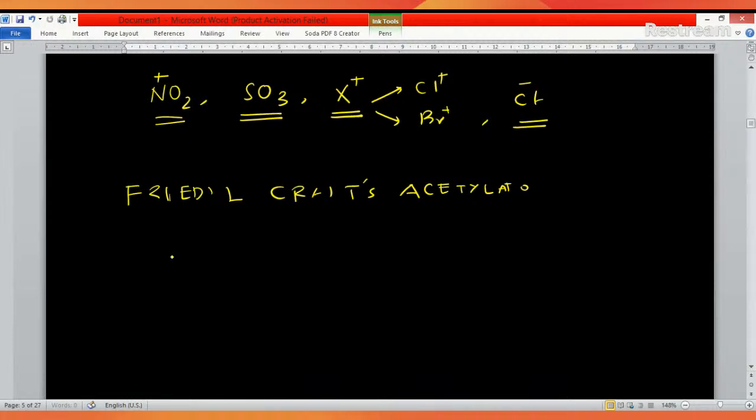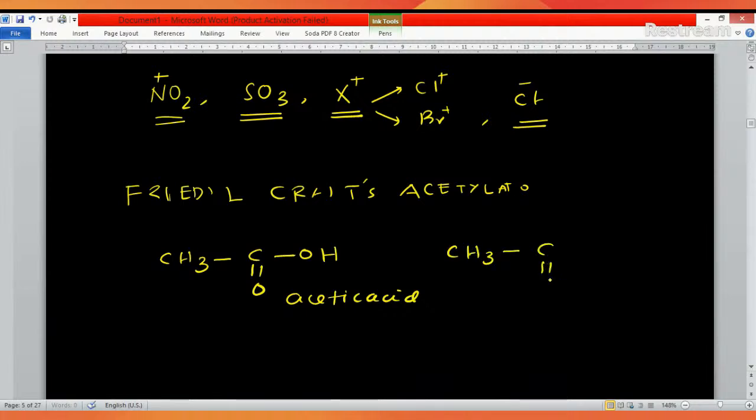It is the reaction. You just take CH3, C double bond O, OH. We are all familiar with it. It is acetic acid. Its derivative is an acid chloride, CH3COCl. This acid chloride is called acetyl chloride.